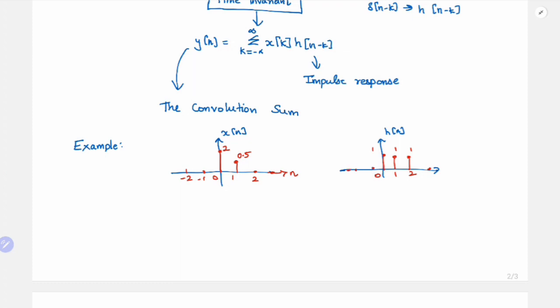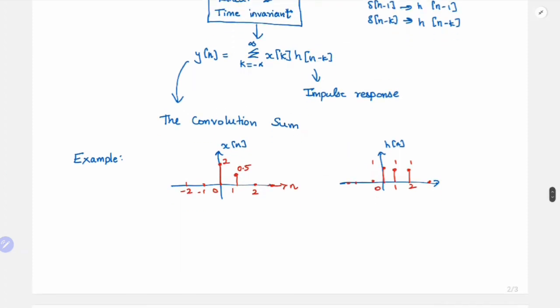Okay. So now I want to calculate y of n. My y of n is nothing but summation k equal to minus infinity to infinity x of k h of n minus k. But you know your x of k is non-zero only for 0 and 1. So you will get x of 0 h of n plus x of 1 h of n minus 1.